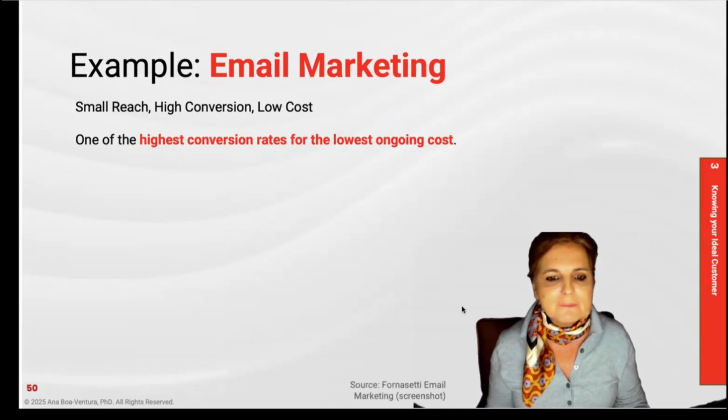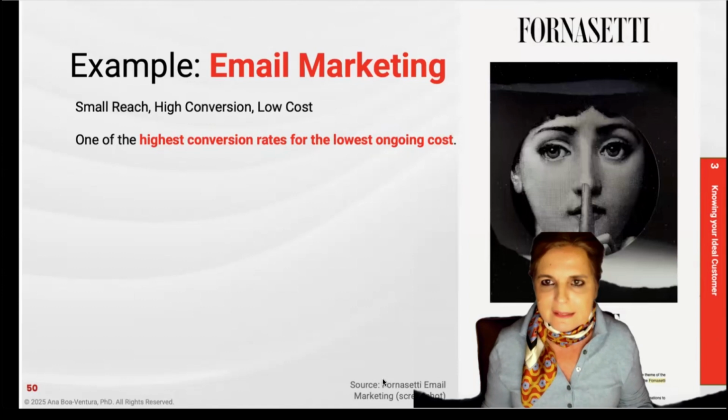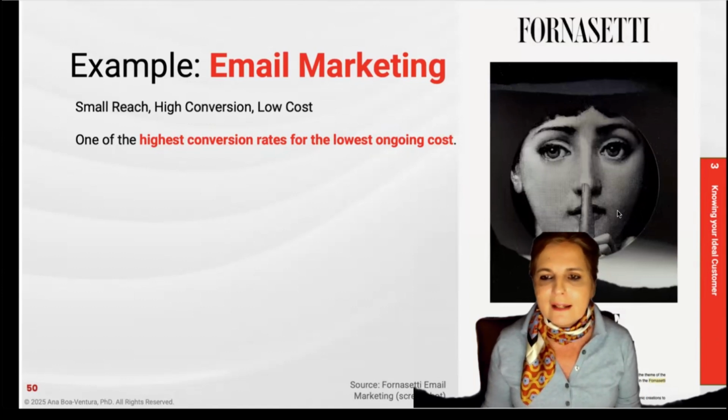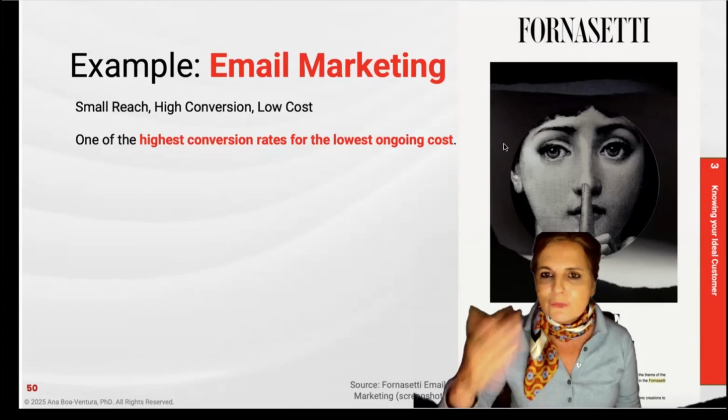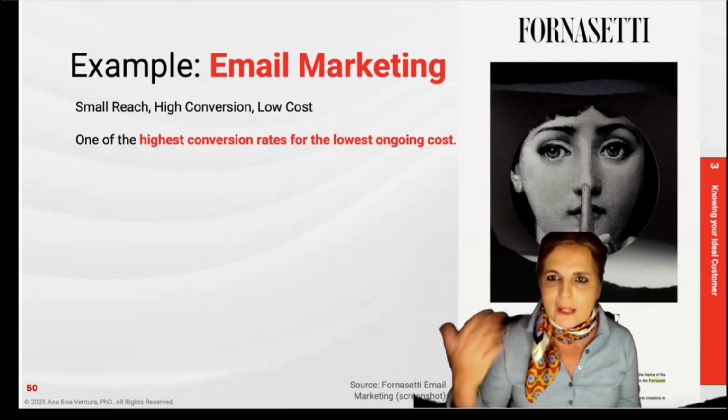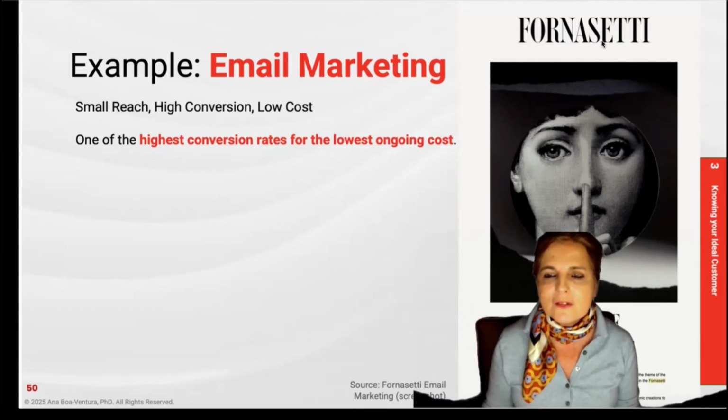outcome is pretty good. The example I'm using here is an email marketing screenshot of an Italian design company called Fornasetti. Very, very high end. In fact, I did not use, of course, the actual email that I received from them, but this image that you see here, it rotates and it shows other products that Fornasetti is using.